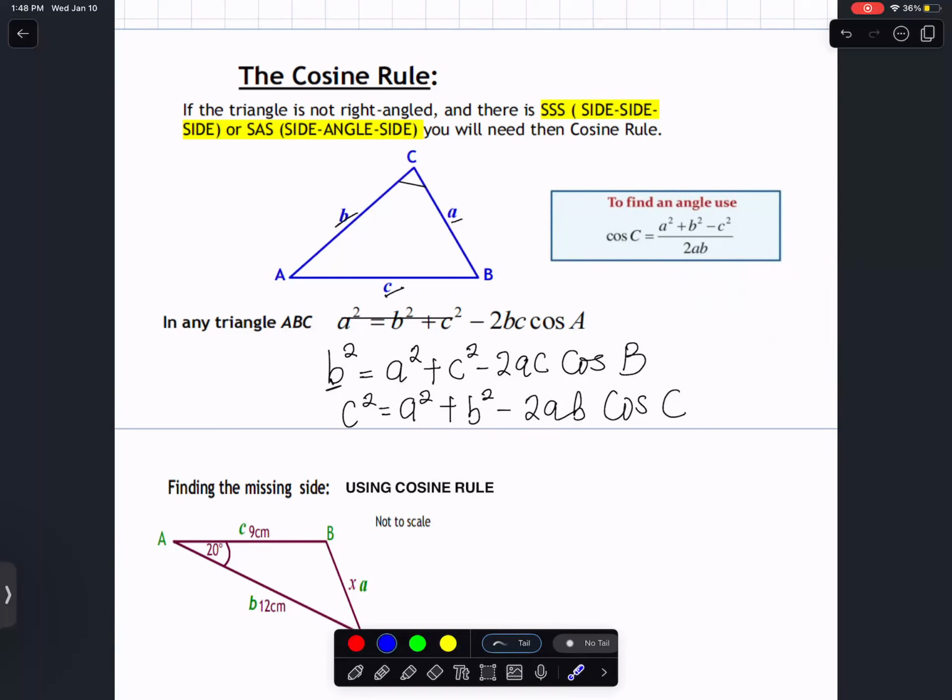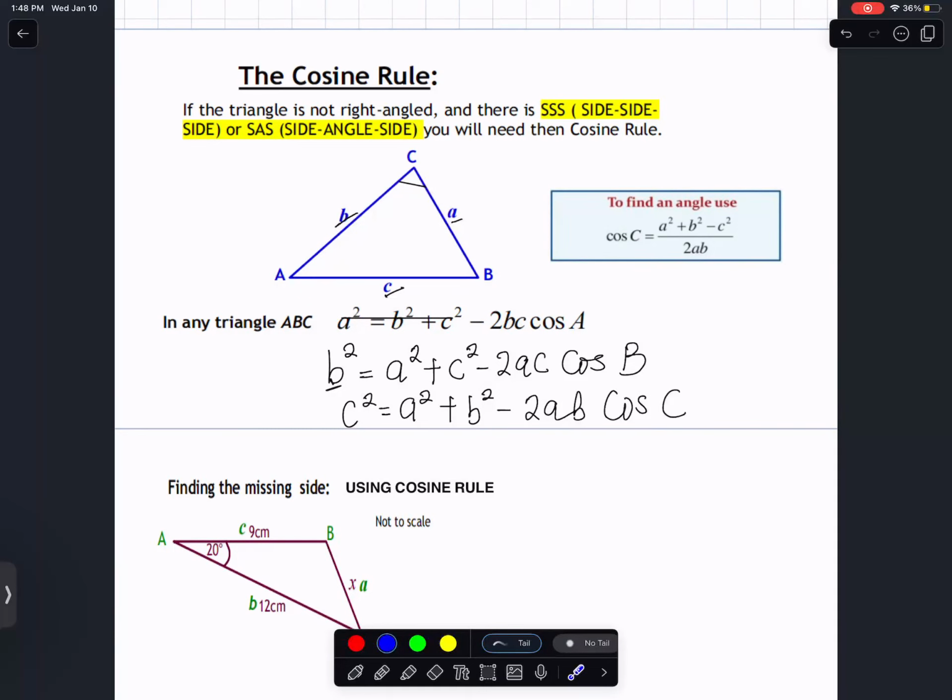Or you can have cos B as A squared plus C squared minus B squared divided by 2AC. This is when you are looking for any of the angles, given the three sides of the triangle.